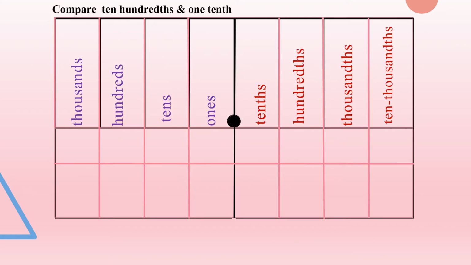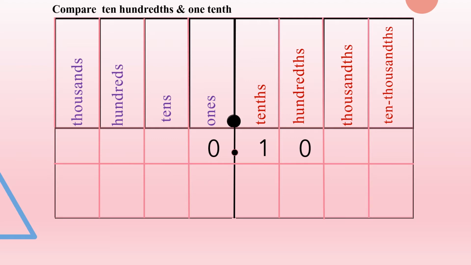So for comparing, 10/100 and 1/10. So the same question, let us make clear of this question. First let us write 10/100 in place value chart. 10/100 means how will you write in decimals? 10 by 100. So how will you write in decimal? 0.10. So after the decimal, two numbers, 10 by 100.